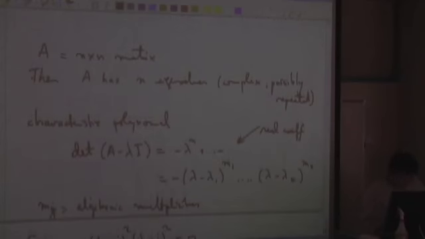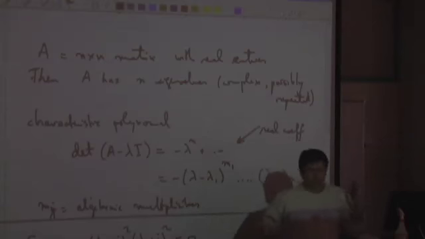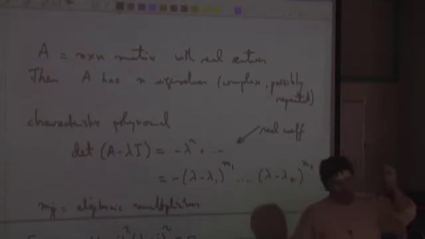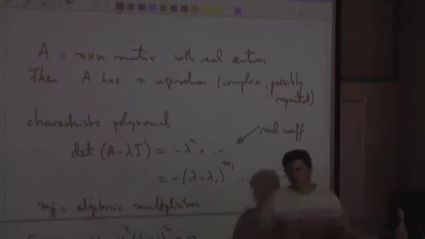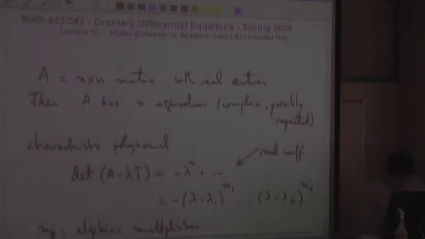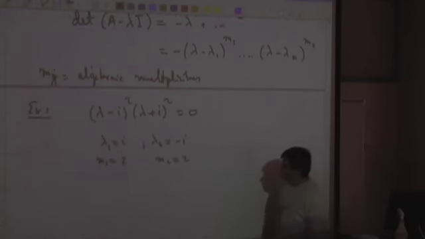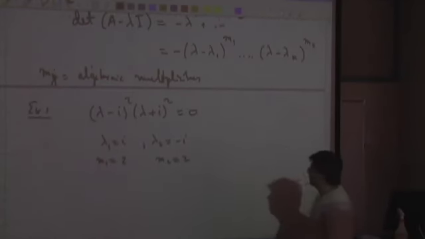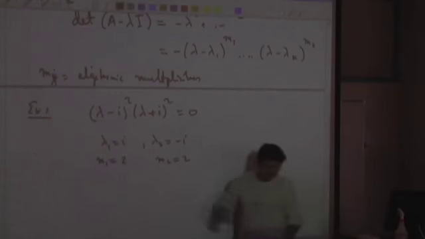Since we're talking about real entries, we will not talk about differential equations or systems of differential equations with non-real coefficients. Okay. So the focus is still on systems, but again talking a little bit about the matrix coefficient. Okay, so that's a little bit of the structure of that.